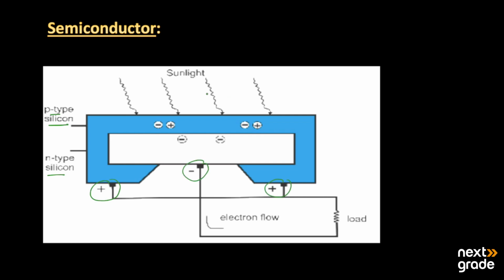When sunlight falls upon its surface, a flow of electrons starts, and it is responsible for the flow of electricity. Here you can see a simple flow of electrons from the positive towards the negative end. Here the silicon is a substance working like a semiconductor. So this was a simple working of semiconductors.